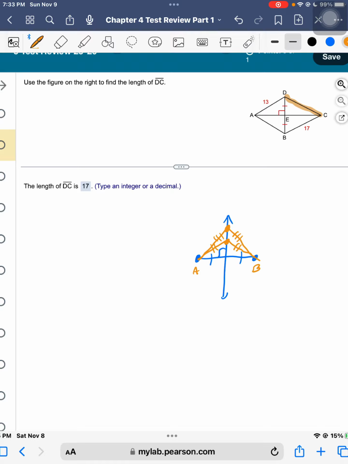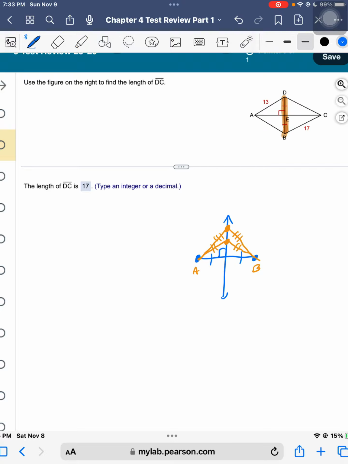So if we take a look at DC, we can see that DC is equidistant to the angle bisector. What is the angle bisector? I mean, the perpendicular bisector. This is the perpendicular bisector.